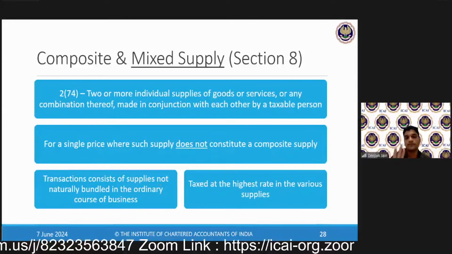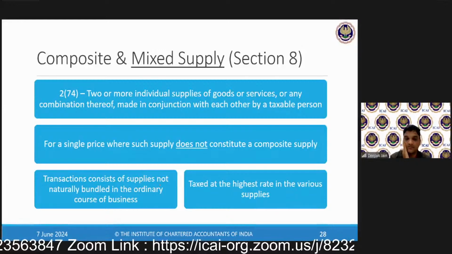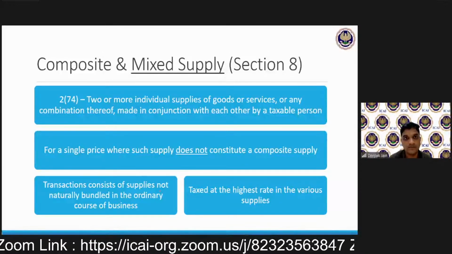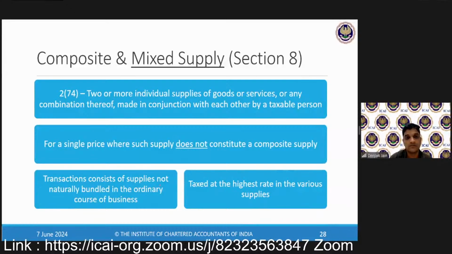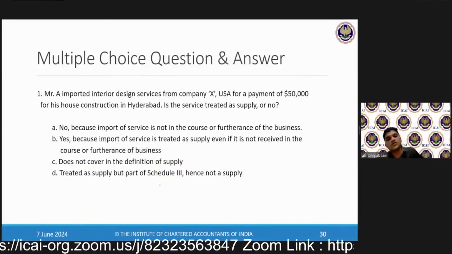Clear? Supply, composite supply, mixed supply. I will take you through the multiple choice questions to understand.